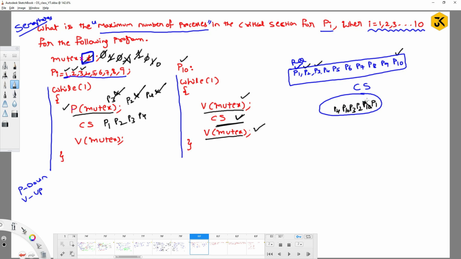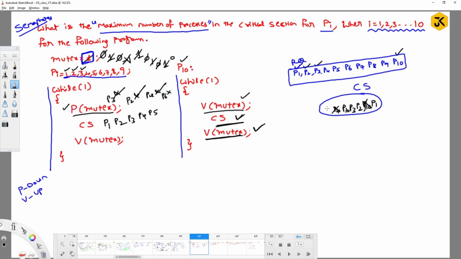So far P10 has exited the first time, now the second time it has entered. Now again P4 wants to come out. When P4 wants to come out, it will again increment by 1 because of the code. Am I right? Now is P5 allowed? Yes, by decrementing its value to 0. Then can P6 be allowed? No, because its value is -1, so it is not allowed.